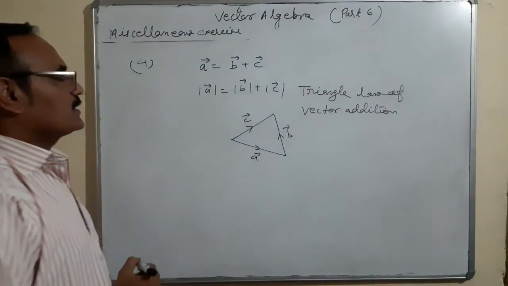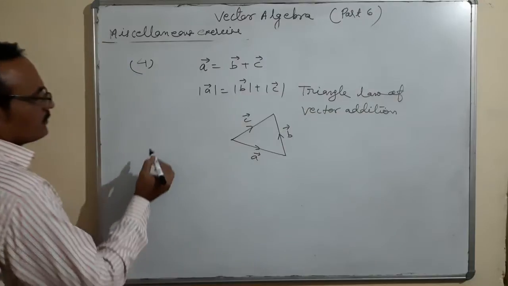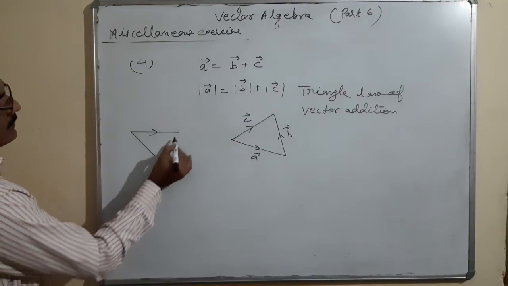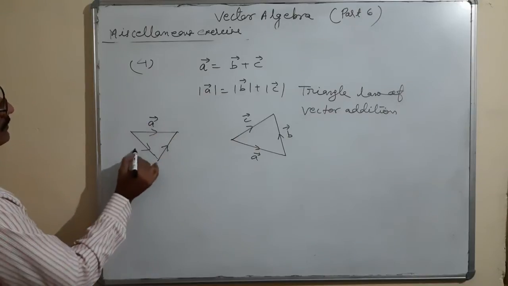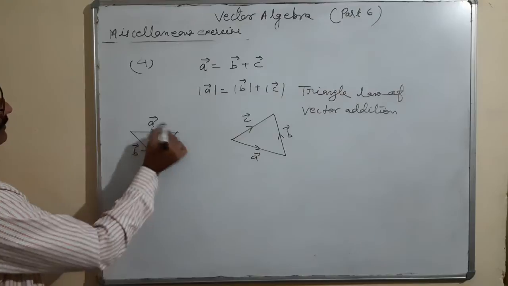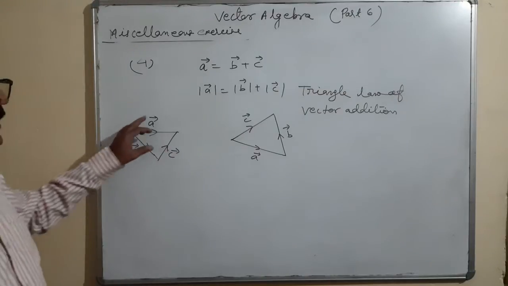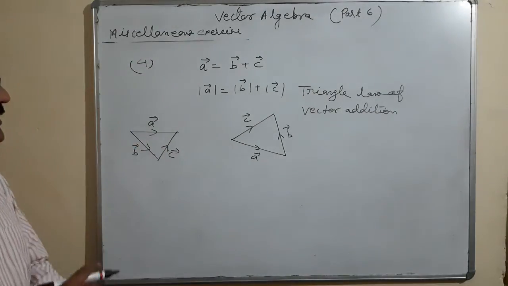Vector A is equal to B plus C. Is it okay? A is equal to B plus C. Same thing. So I am satisfied with this diagram. Vector A is equal to B plus C.